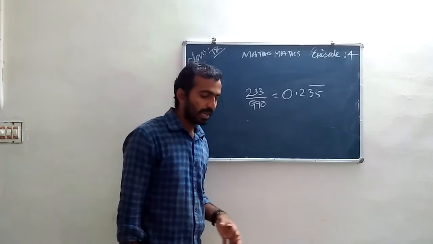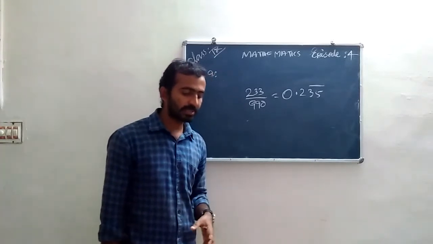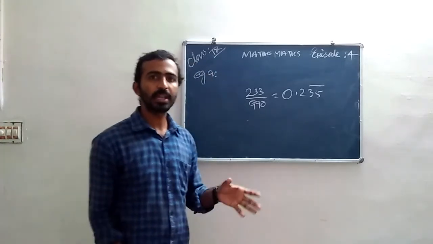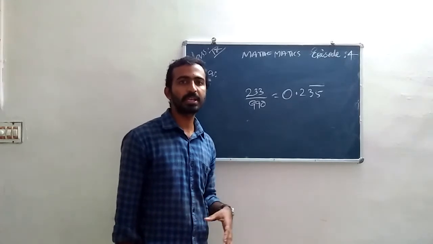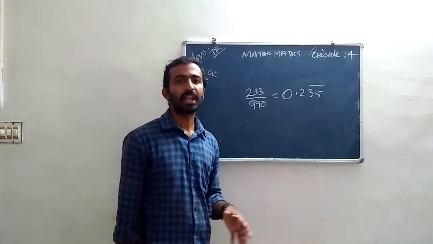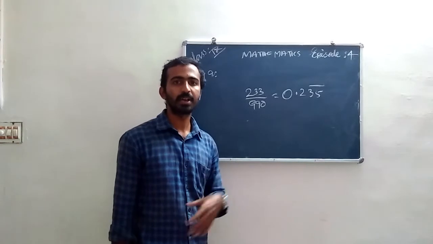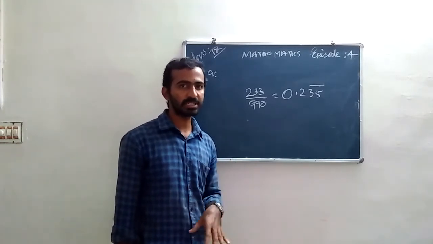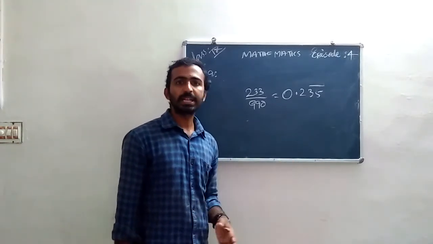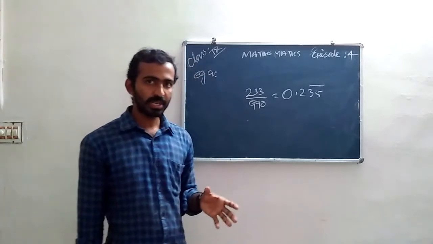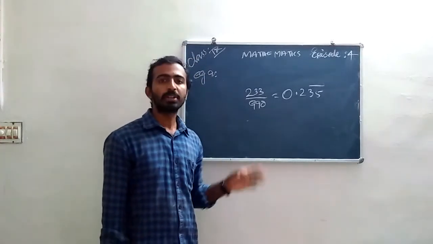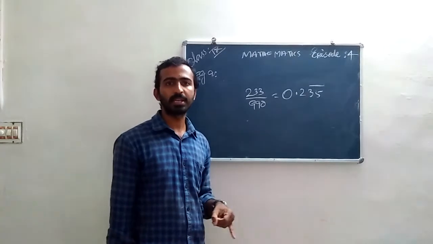Moreover, a number whose decimal expansion is terminating or non-terminating recurring is a rational number. In the case of a rational number, the decimal expansion must be terminating or non-terminating recurring.